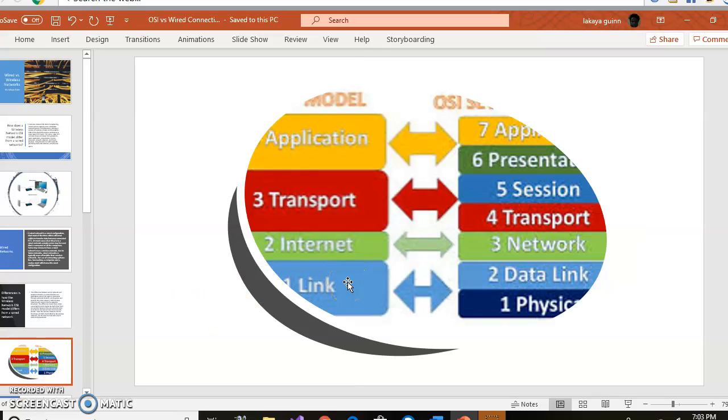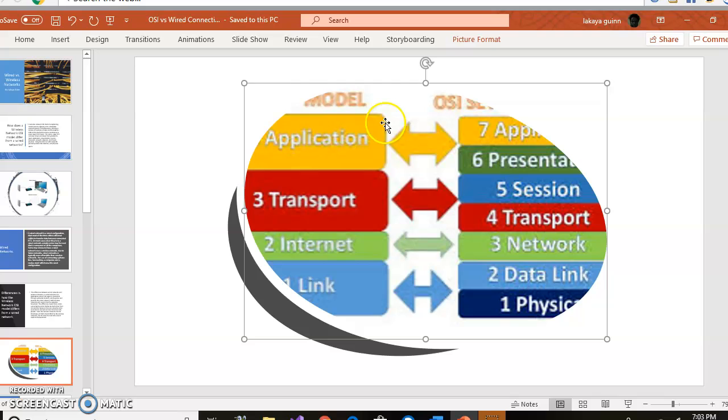Here is the OSI model. So over here on the right, we have the OSI model, and over here on the left, we have a different model. These are typically how the wired network functions.